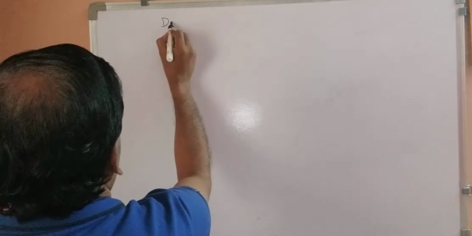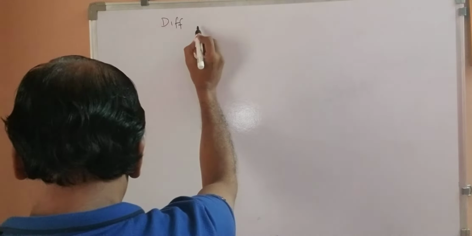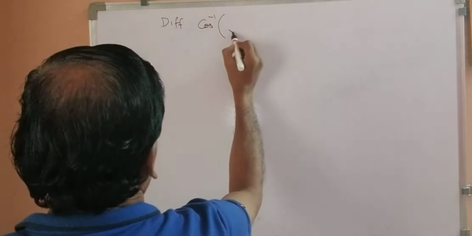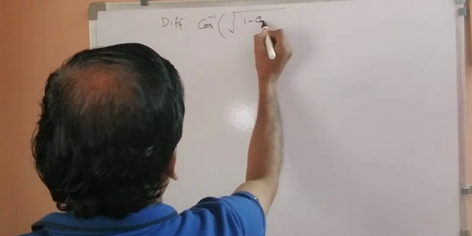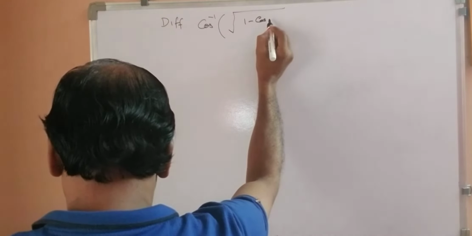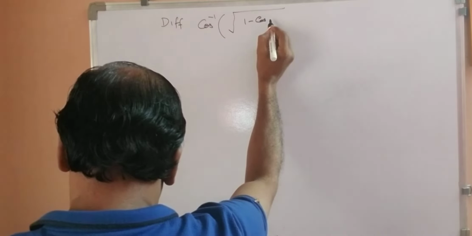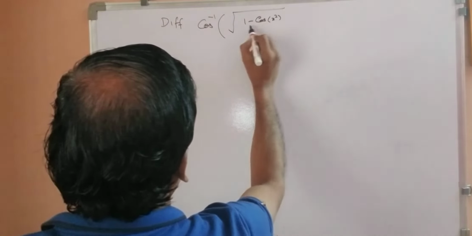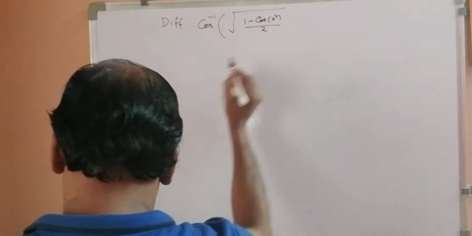Now differentiate cos inverse square root of 1 minus cos x square upon 2.